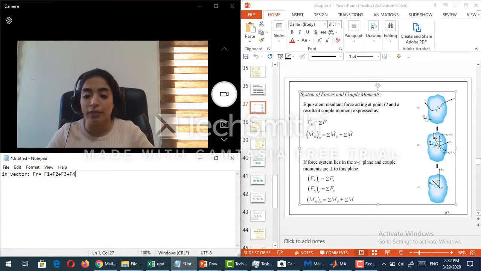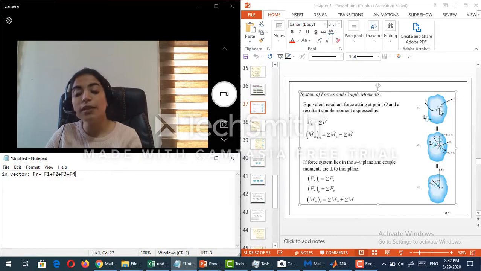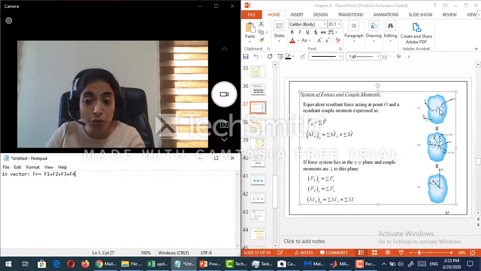So I will repeat, guys. These forces will cause some rotation around O. So if I put F resultant on O, this means, guys, that I'm cancelling out this moment. I'm cancelling out the rotation, because if the force is passing through the point of rotation, this means that the moment should be equal to 0.